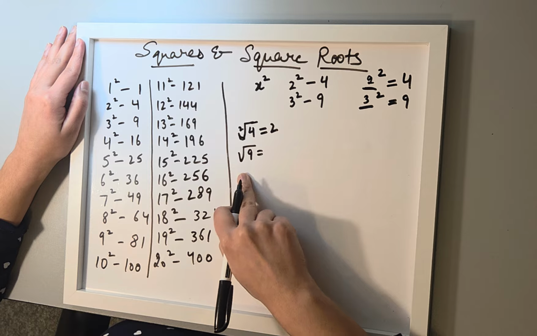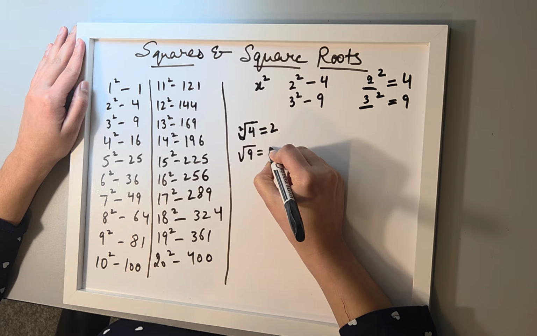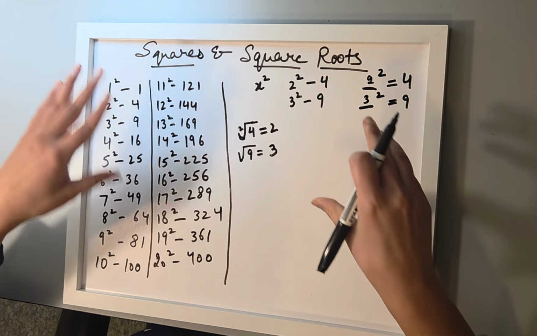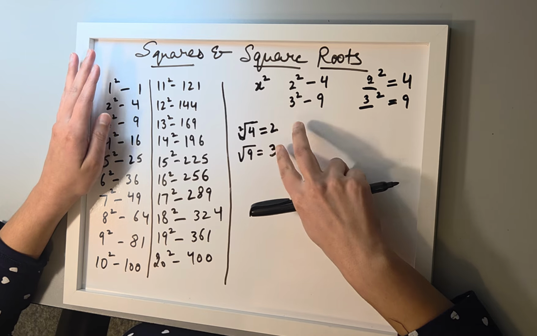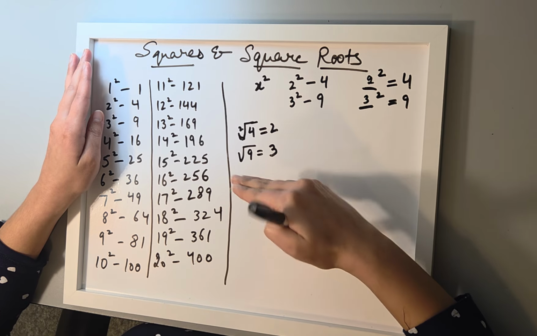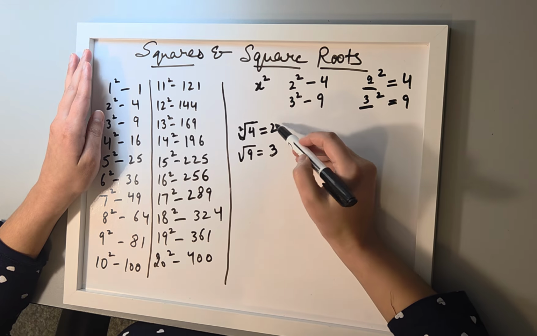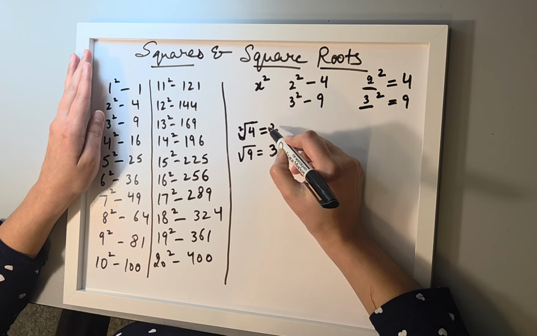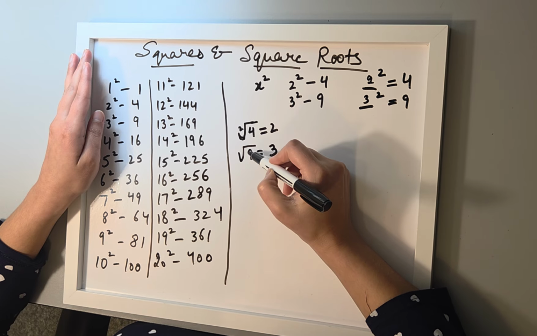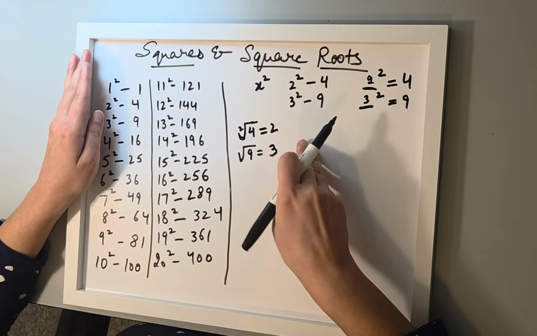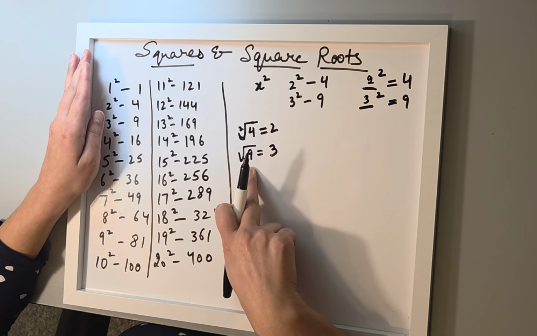This also means square root, and square root of 9 is 3. So basically square root is the opposite of square of a number. Square root means square of what number will give us this number.